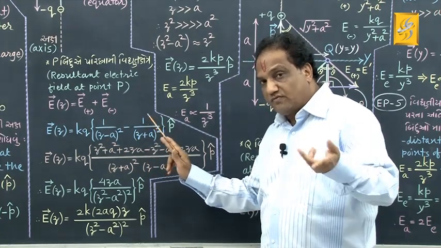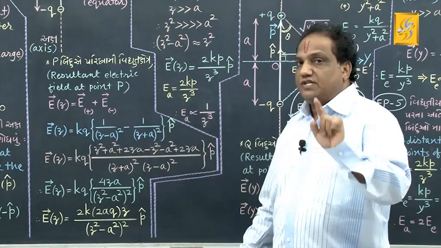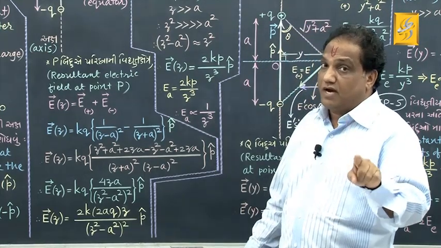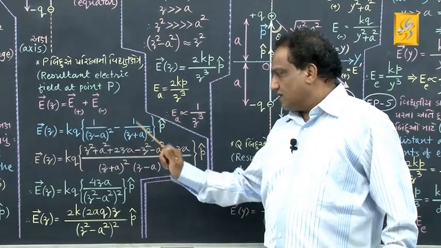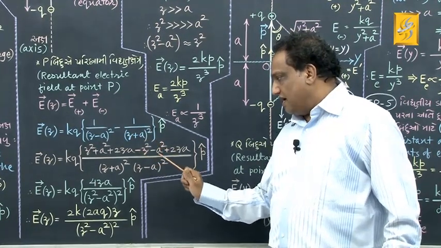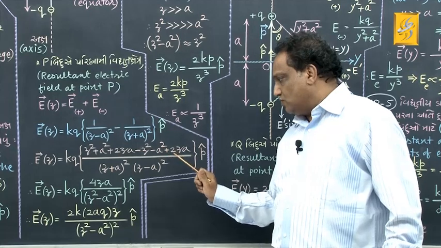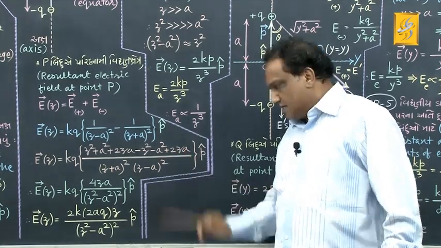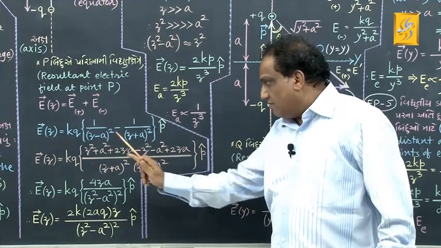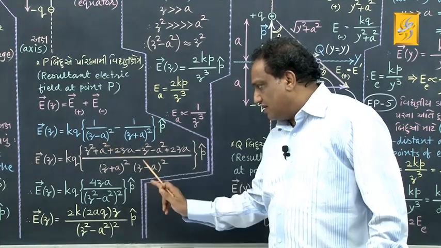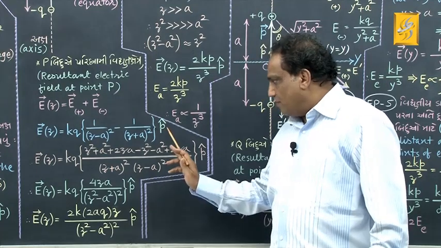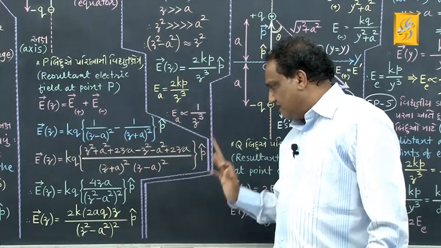The expansion of square of z minus a is z square plus a square minus 2za. But here outside it is a minus sign, so minus z square minus a square plus 2za, correct? Divided by, in the LCM, z plus a whole square into z minus a whole square, into p hat as it is.